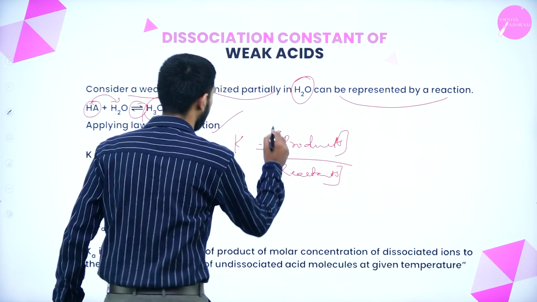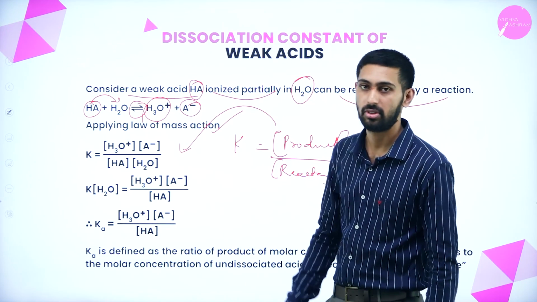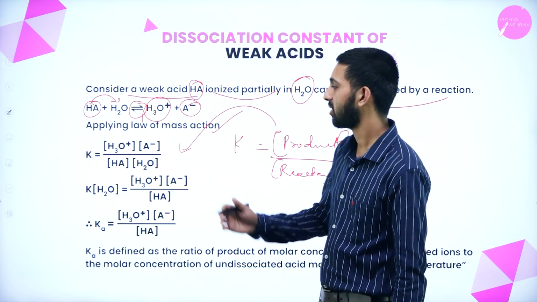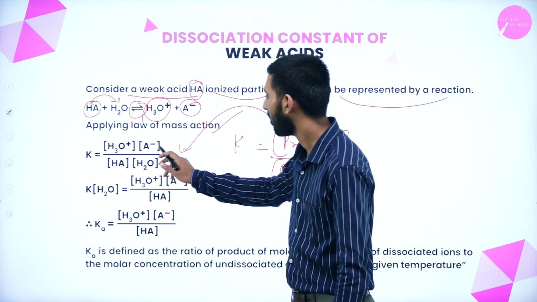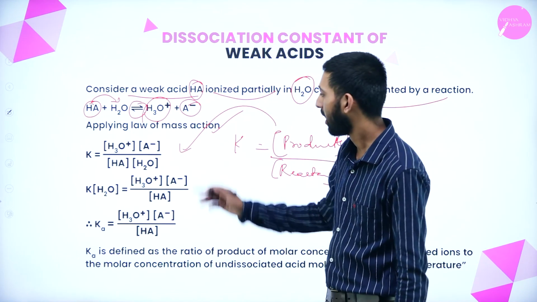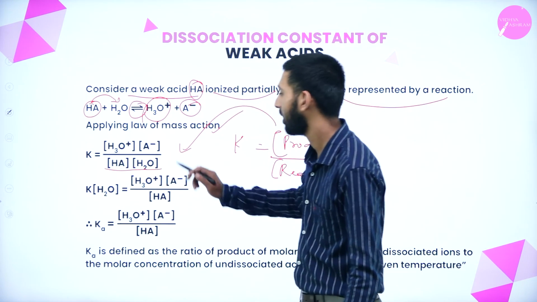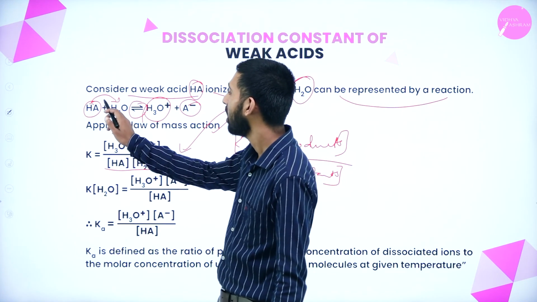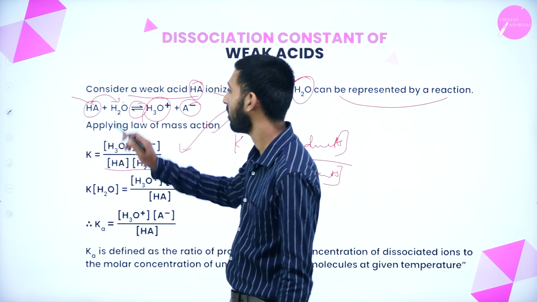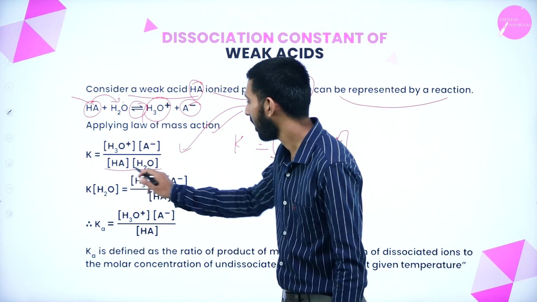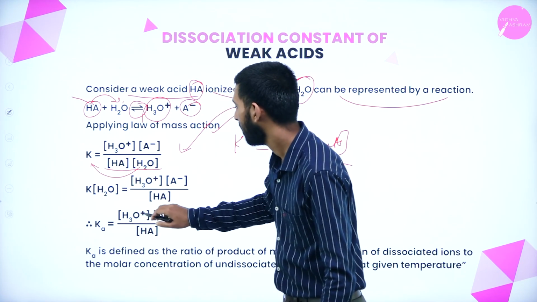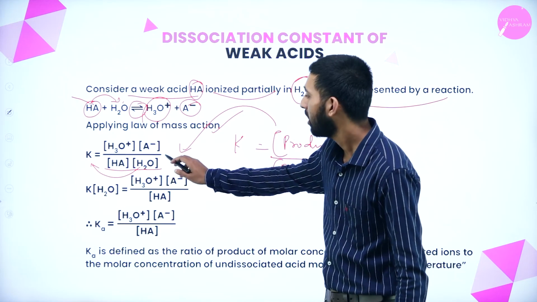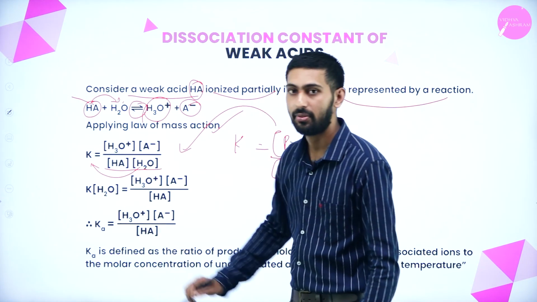So I will apply the law of mass action to the above equation. K is equal to the concentration of hydrogen ion into the concentration of anion divided by the undissociated acid. We have taken one reactant, HA, dissolved in water. Now let us take HA downwards and the water molecule to the left hand side.